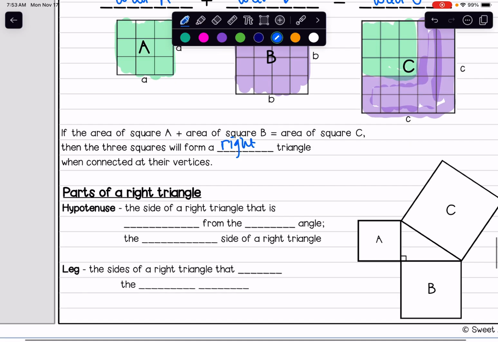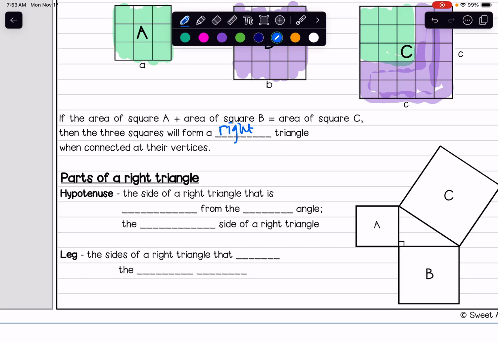Now, the hypotenuse, that's the fancy word that is across from the right angle. And basically what that means, if I draw an arrow, I'm pointing towards the hypotenuse. And it is always the longest side of a right triangle.